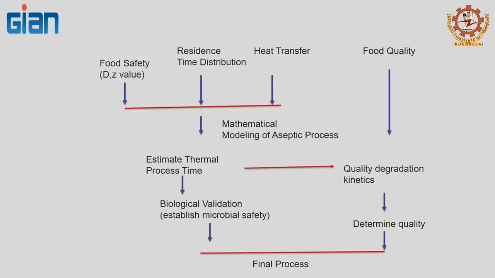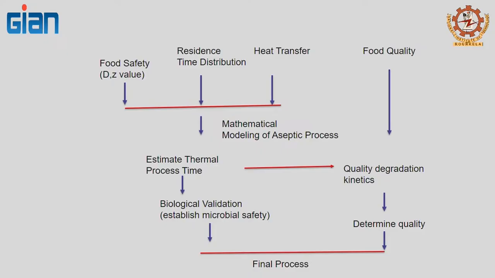Now, coming to food safety validation, it is much more complex in this case. From your lectures on food safety kinetics and food quality kinetics, we know the D value provides the decimal reduction time, and the Z value is the temperature sensitivity of the bacteria.